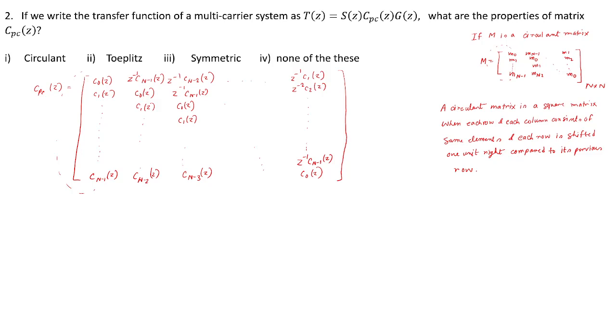Correct? So when you compare this with this, this is a circulant matrix.